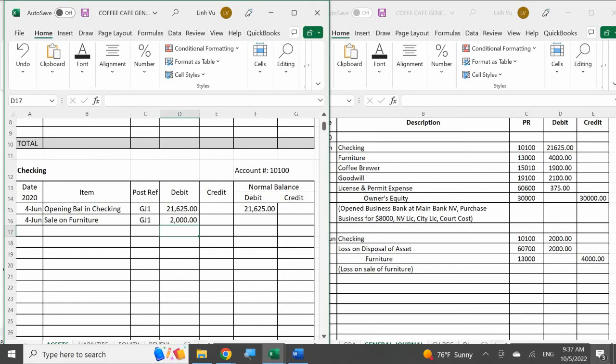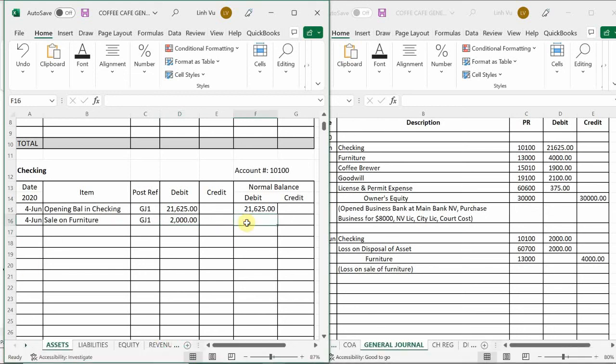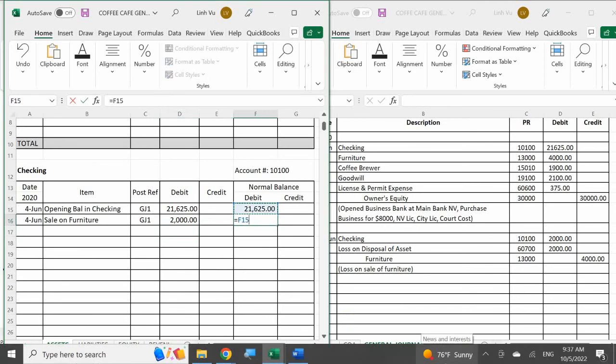Now this is how you're going to be utilizing this general ledger. If I'm depositing $2,000 into my checking account, how much money should I have in my checking account? $23,625. Now, how did I figure that out?